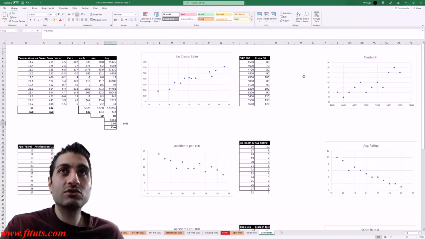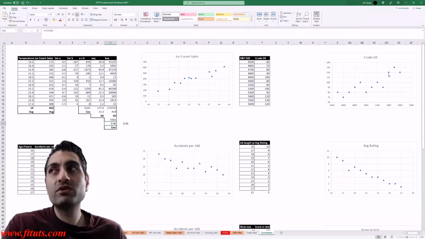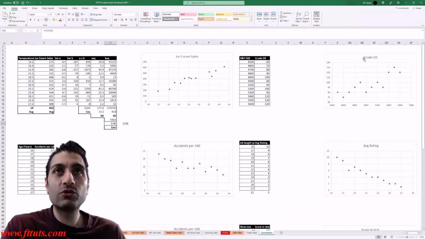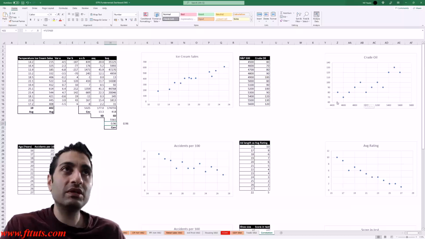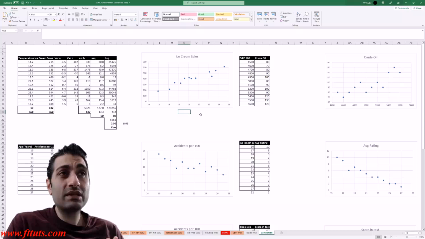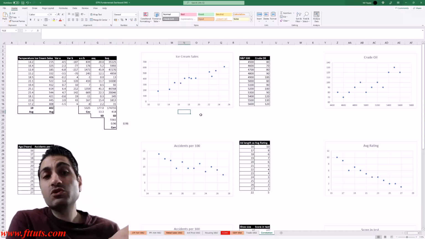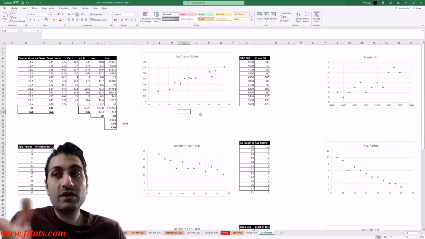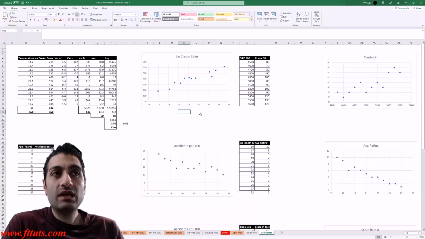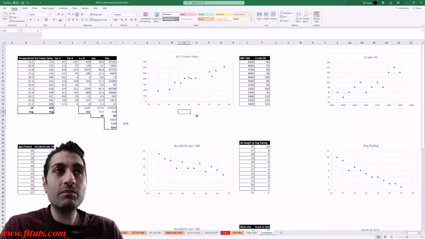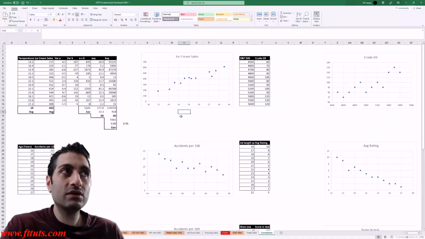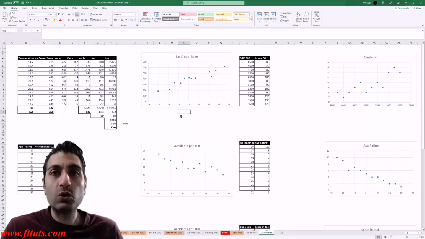We don't have time to do a scatter plot every single day, every single hour, of crude oil versus the S&P, in the same way as ice cream sales. You may have a manufacturing company running an ice cream business, and they may not only want to compare against temperature, they could want to compare against anything, like footfall.